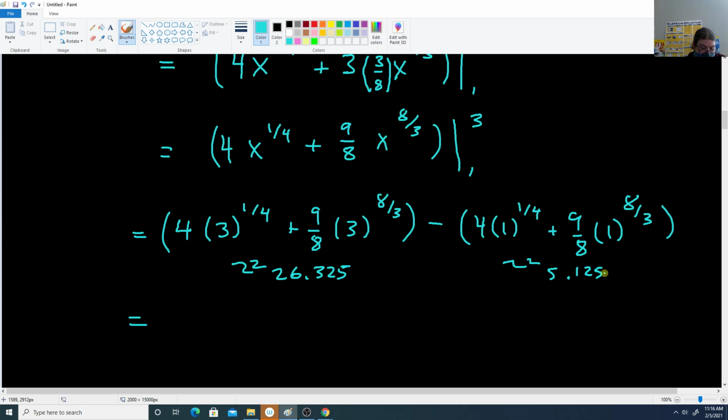So if I put the whole thing together, basically I end up with, let's see here, 4 times 1 to the power of 1/4 plus 9/8 times 1 to the power of 8/3.